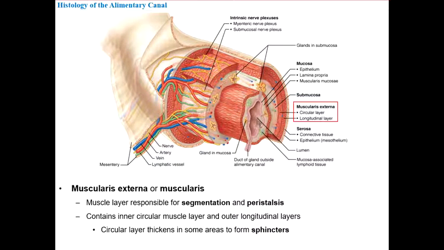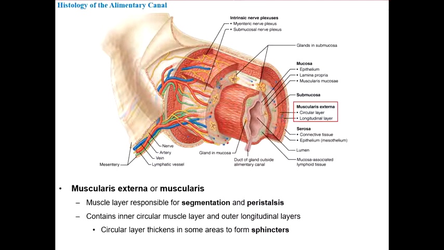And then moving from the inside out, we get to the third major layer of our alimentary canal histology, and that's the muscularis externa. And you can see it's made up of 2 layers of muscle here, or muscles aligned in a different direction.